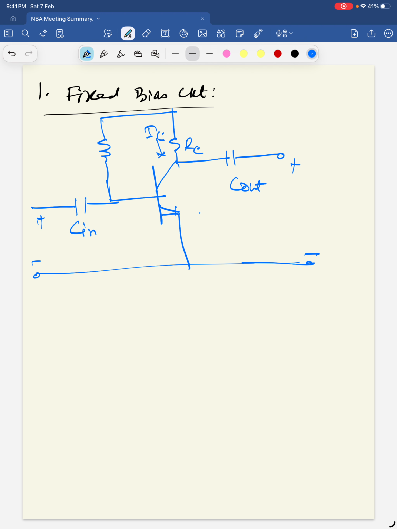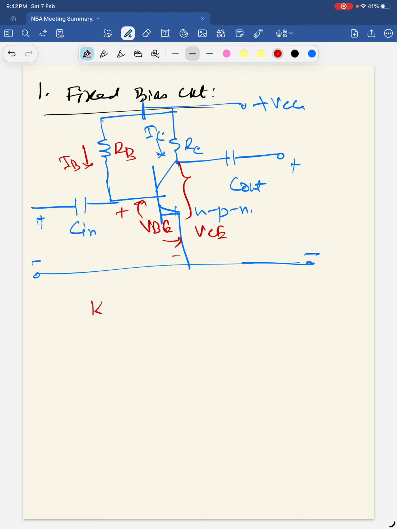So this is the NPN transistor. The power supply is plus VCC. This is RB. The current is IB. This is VBE, potential base to emitter. This is plus, this is minus, this is VCE potential.